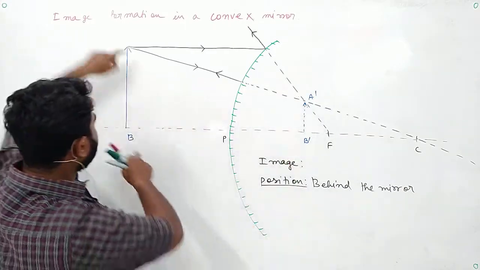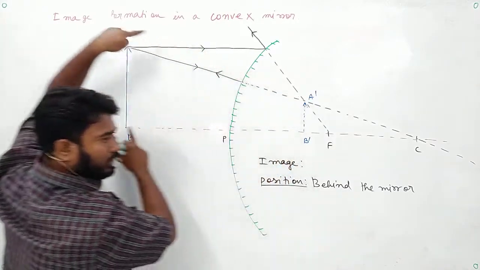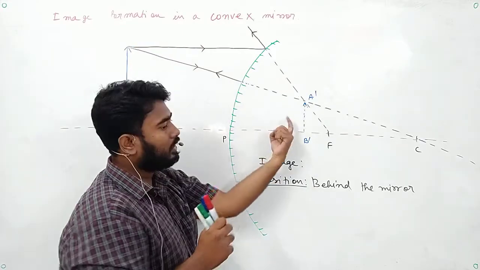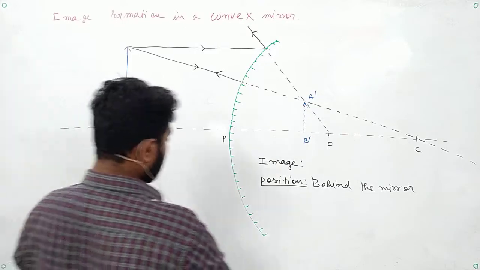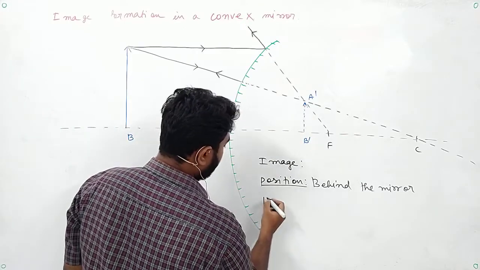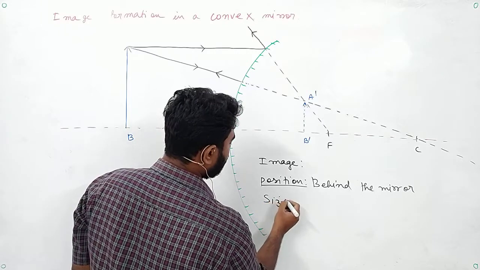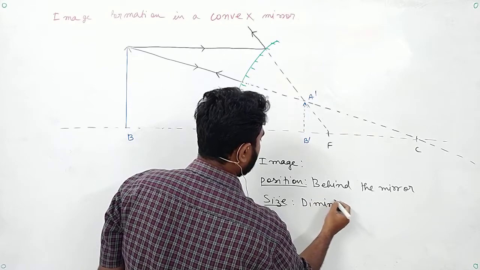See, object is this big, image is this small. Object is big, image is small. So the size of the image is diminished. Okay, keep this in mind. The last 3 points are very important.